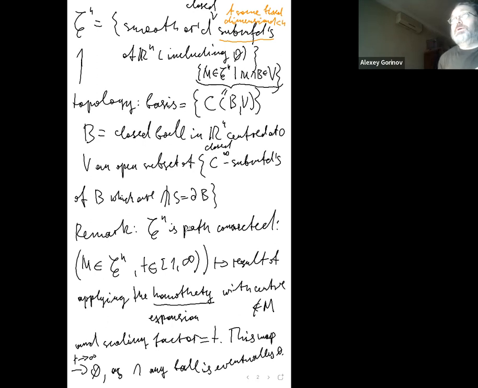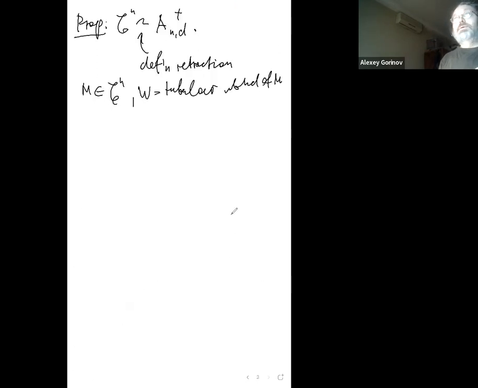I want to rescale the manifold so that only a very small part of it survives, which will probably be some tangent plane at some point. Well, how to make this more precise?